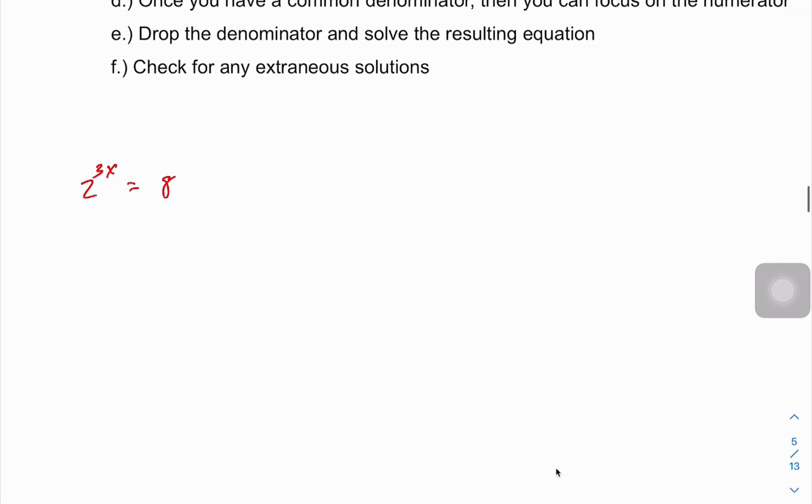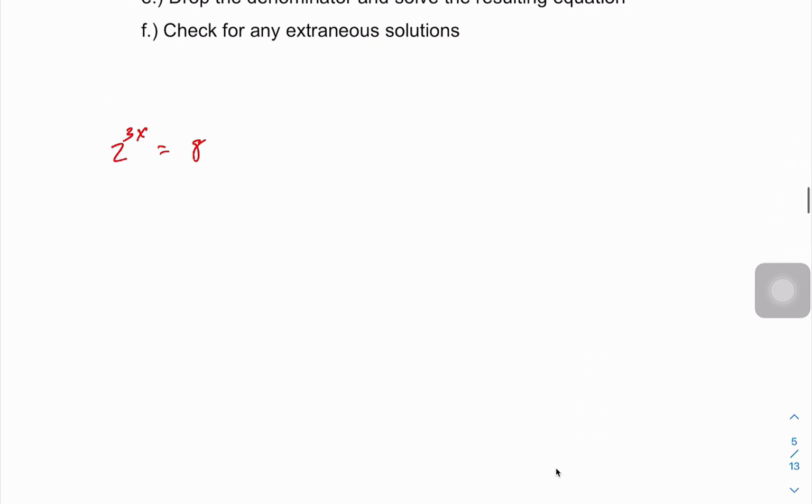Okay? If you remember back to when we were doing that before, what we said in this scenario is if you can get the same bases, which 2 and 8 are both powers of 2, so we could rewrite this as 2 to the 3x equals 2 to the third. What did we say at this point that we could do?